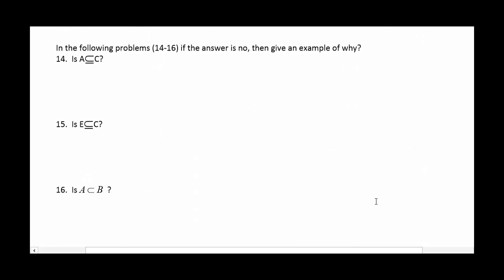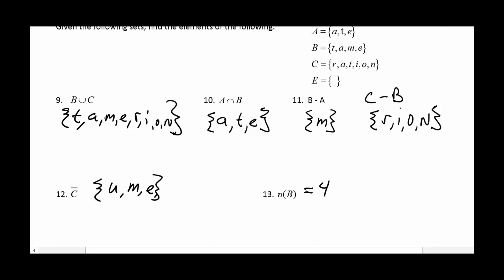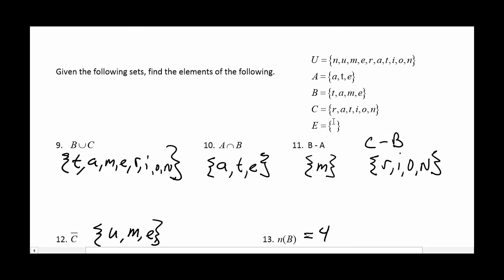Okay, and then we have a little bit of a theory question. This is subset versus proper subset. I guess the easiest one to address is A is a subset of C. So we're going to look at A subset of C. Do I see all of A in all of C?